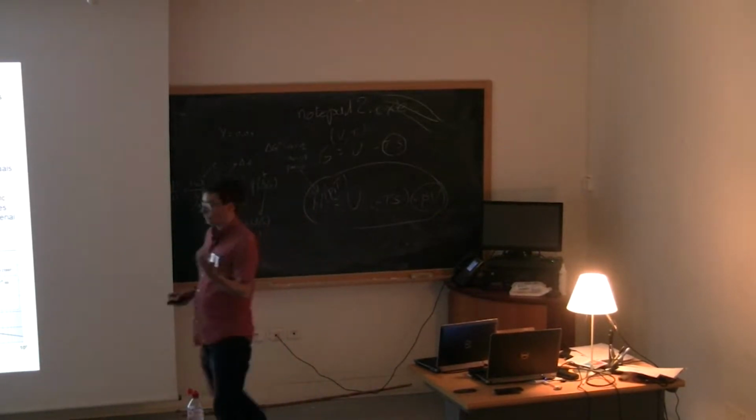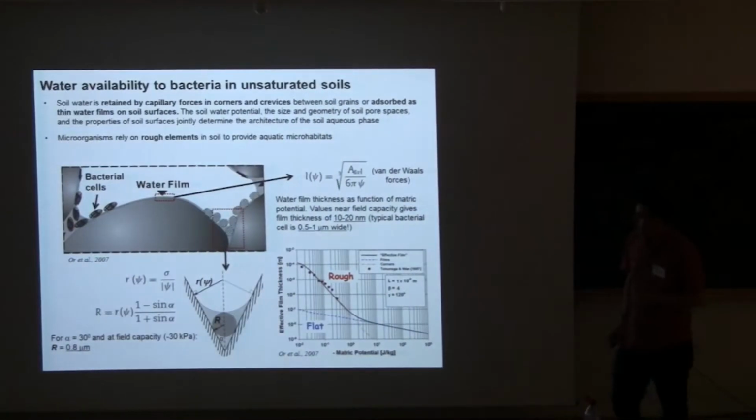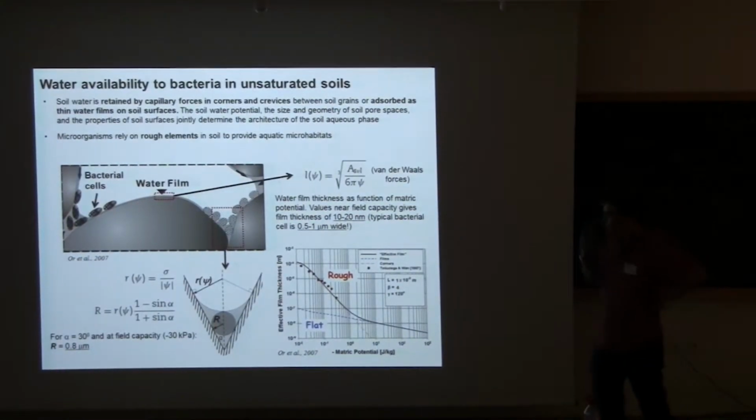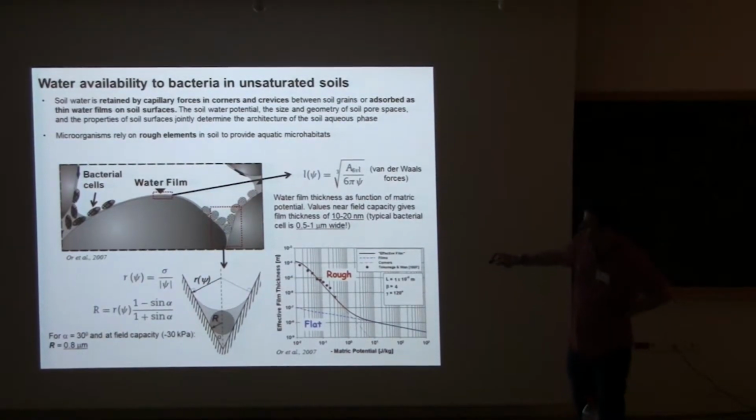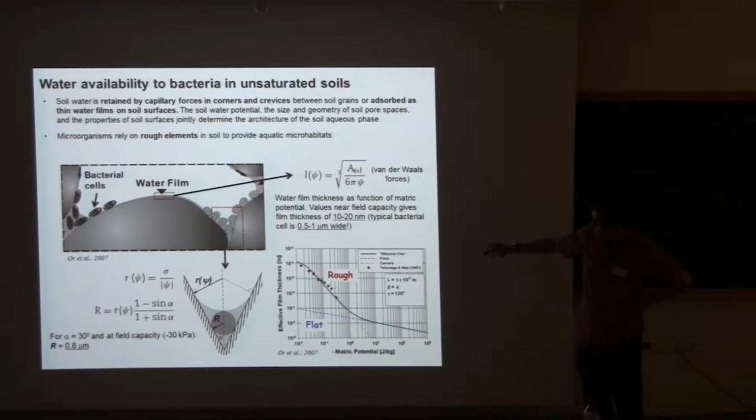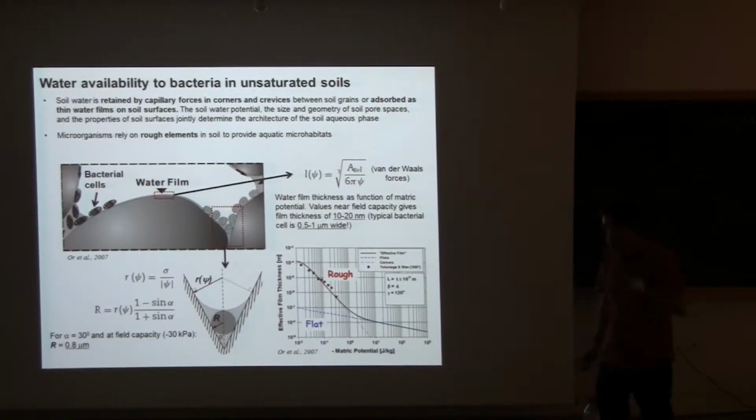But it's a bit different if you start looking at what's happening in the pores or crevices. This is also connected to what Danny presented last week. You can use the Young-Laplace equation to estimate this radius, depending on the matric potential and the water surface tension.